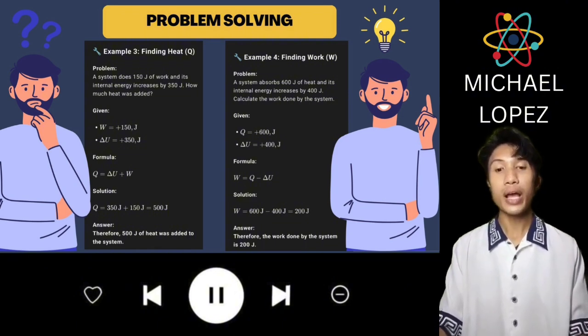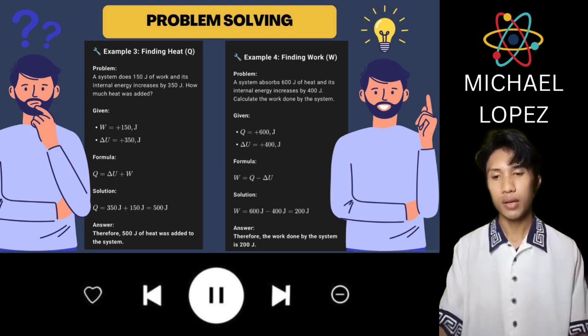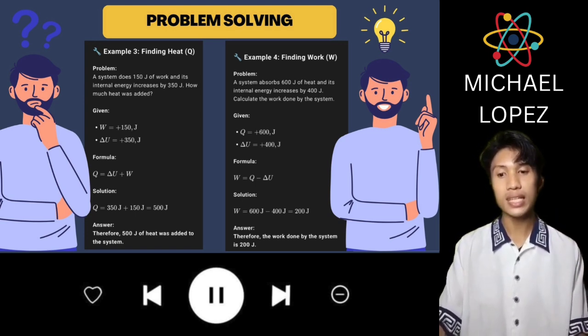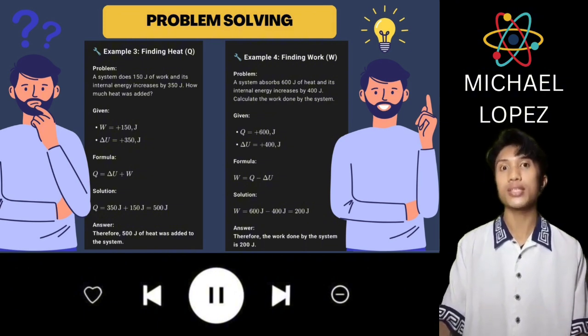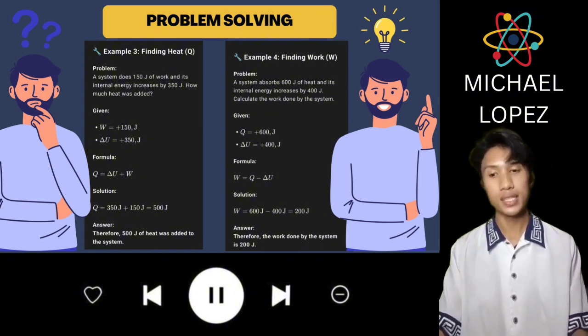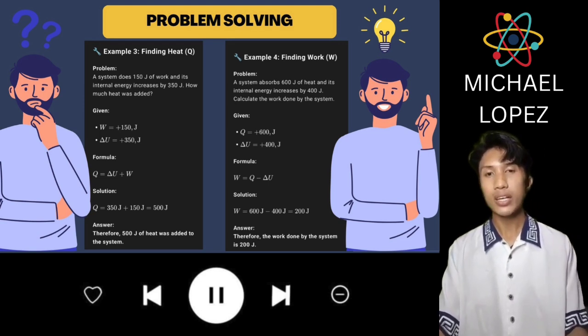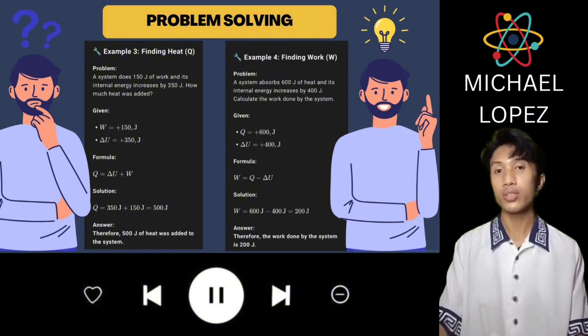Let us also figure out how to find work or W. In this example, a system absorbs 600 joules of heat and its internal energy increases by 400 joules. Let's calculate the work done by the system. Given Q or heat, that is positive 600 joules, the change in internal energy is positive 400 joules.